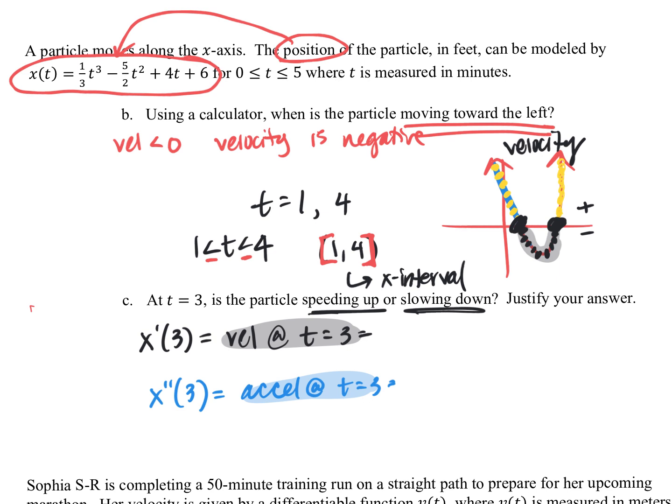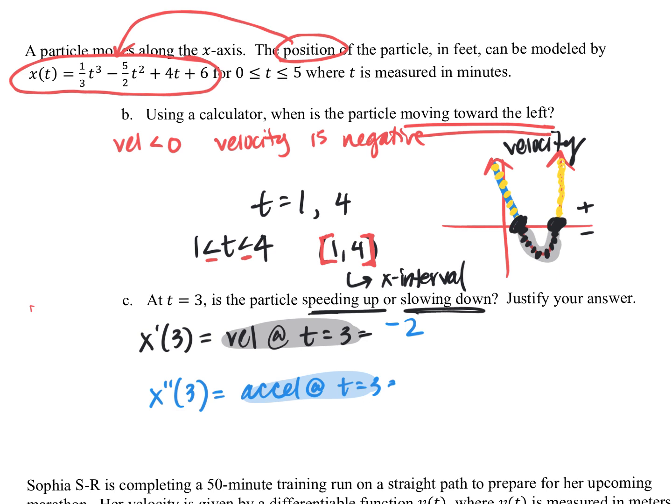Trace, 3, enter. Did they give you a y value? What is it? -2? Yeah, agreed. Thanks, buddy. Oh gosh, I put that in the wrong spot. -2.